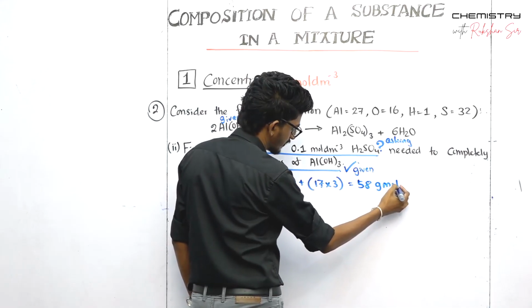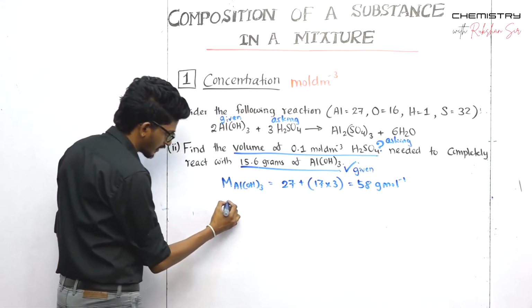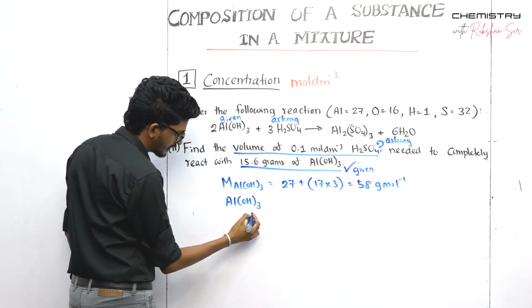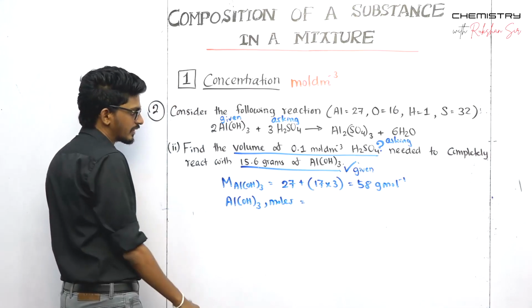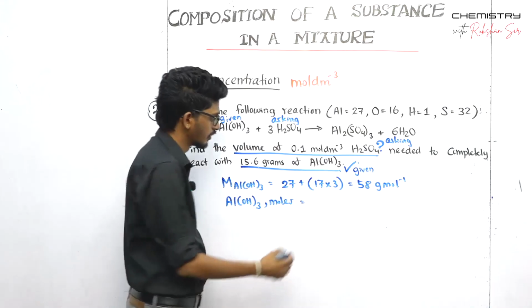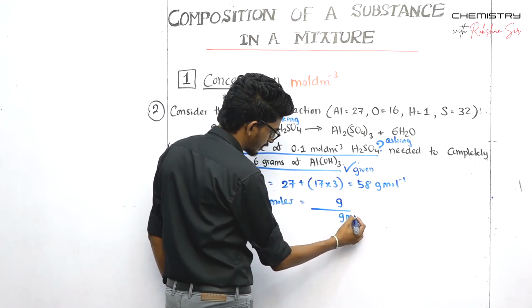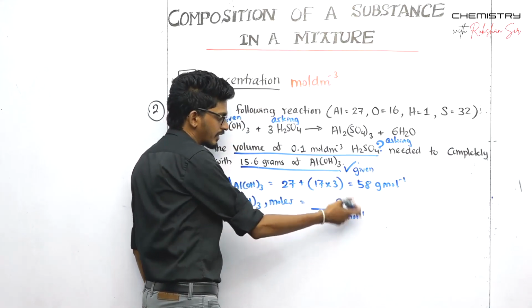78 g mole minus 1, right? So that we can come up with the moles of aluminum hydroxide. Basically the g value should be divided by the g mole minus 1 value. If you divide the g value by the g mole minus 1 value, then the grams will cancel off and you will get the number in terms of moles.